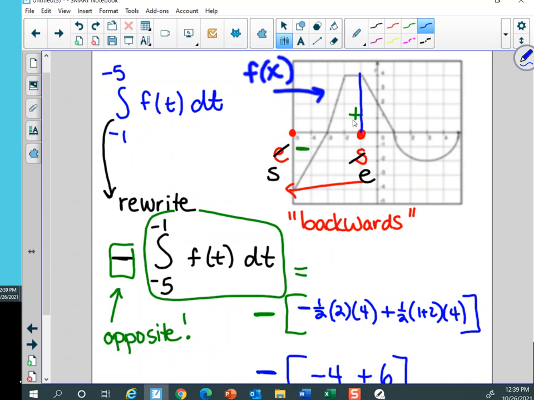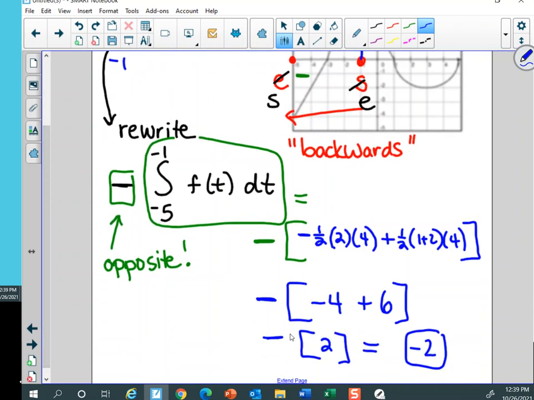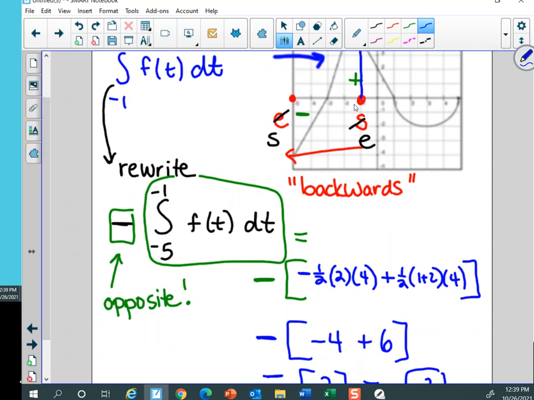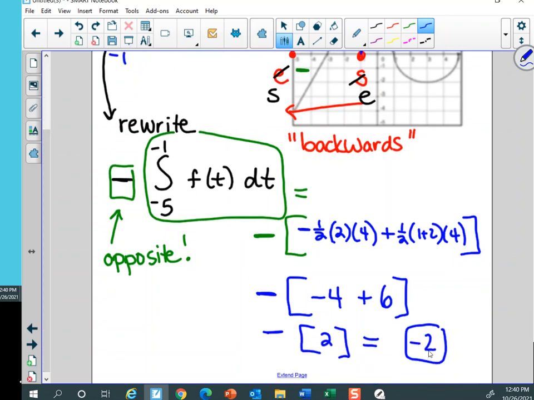They're close, but there's more here than here. So normally when I put these together, I would get a positive area, but I'm going backwards. If I'm going from -1 to -5 in the original problem, I'm going to get the opposite of the forward answer.